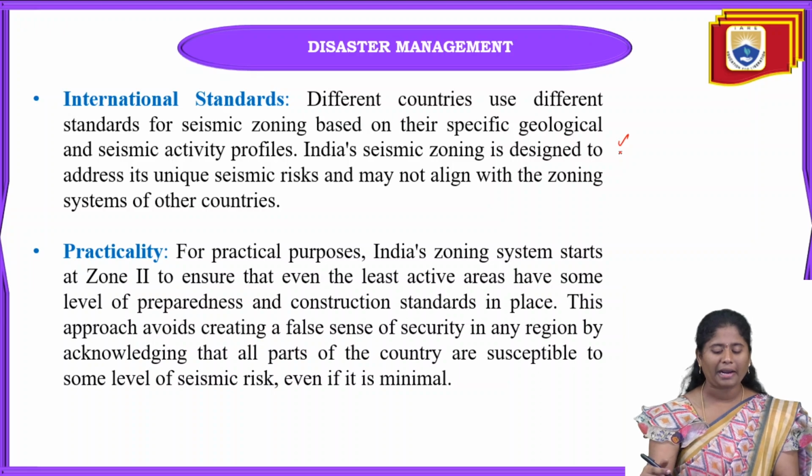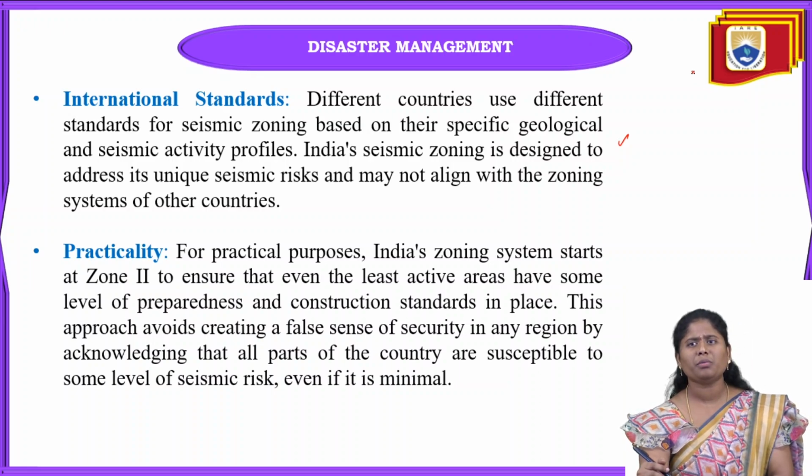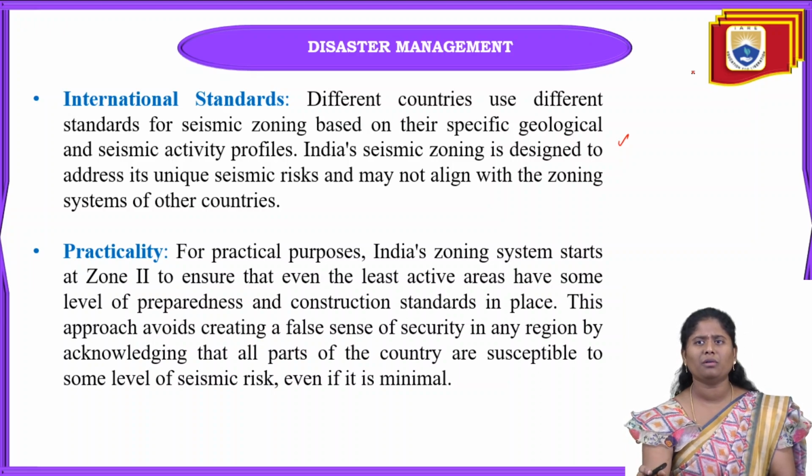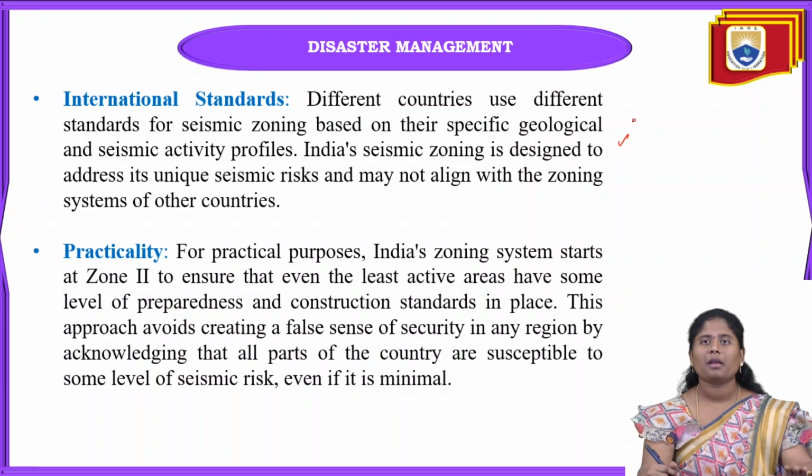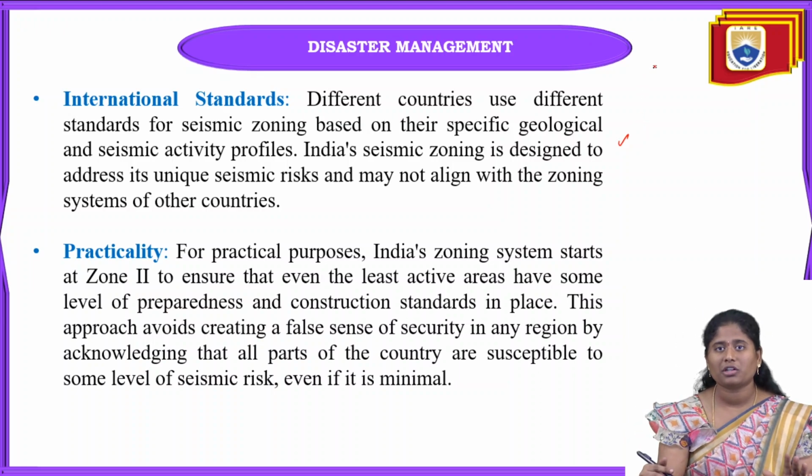And the next one is practicality. In practical conditions also, India does not have a zoning system that starts from zone 1. In our country, zone 2 is where it starts, and zone 2 is also a very least active area, having preparedness and construction standards.